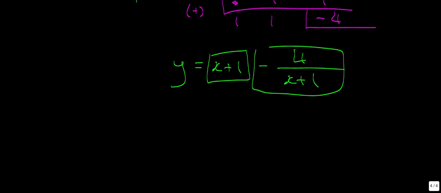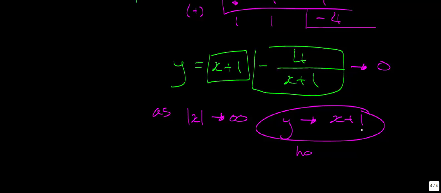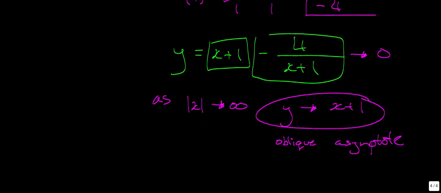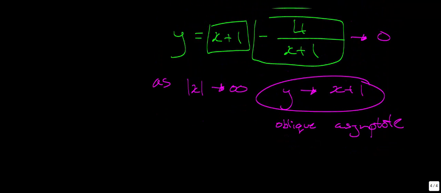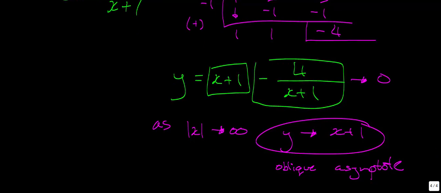I think you can probably see as the absolute value of x approaches infinity, this part right here is going to go to 0. So what we can say is that y is going to get closer and closer to being x plus 1. So because we have this, we now have, oops, not a horizontal asymptote, but we have an oblique asymptote.